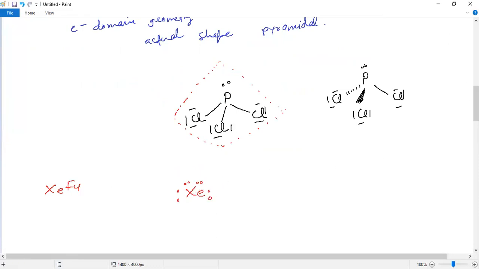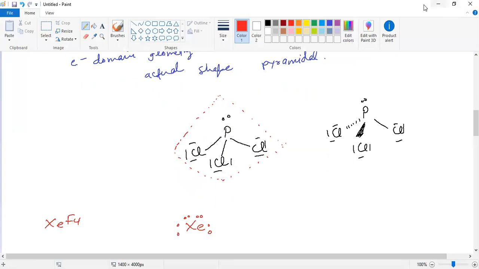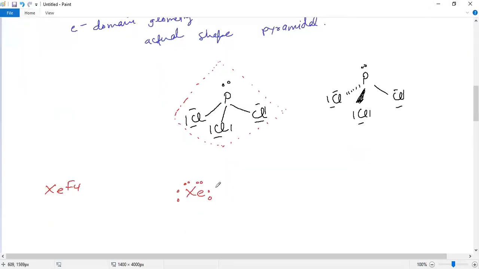And then I can have fluorine, which we can take in this color. So 1 fluorine, another fluorine, and the structure can be written like that.